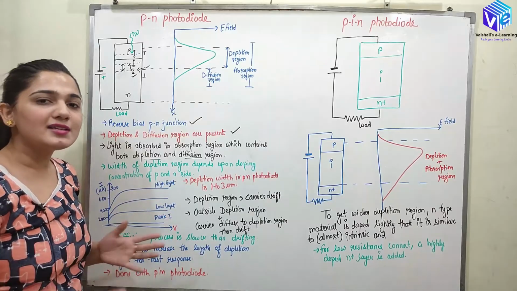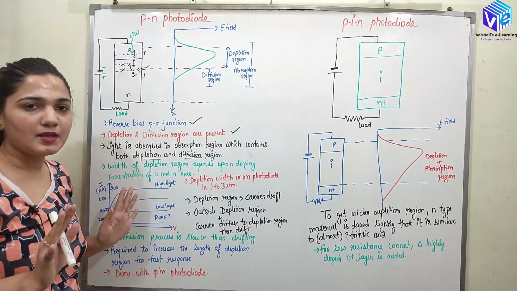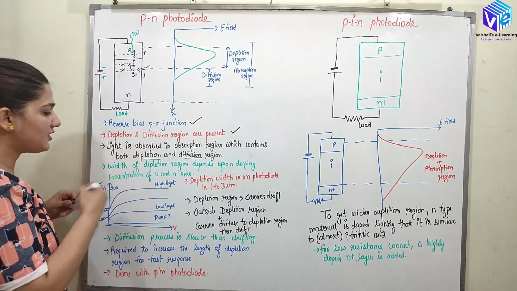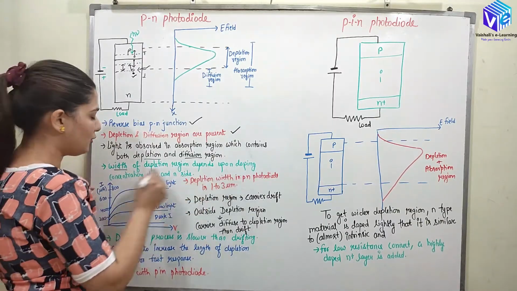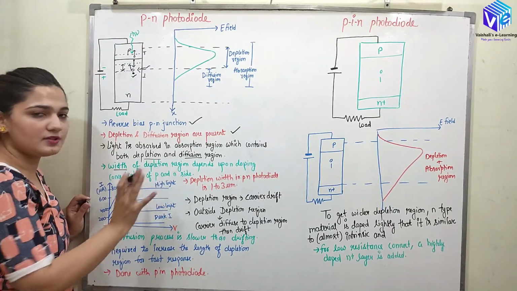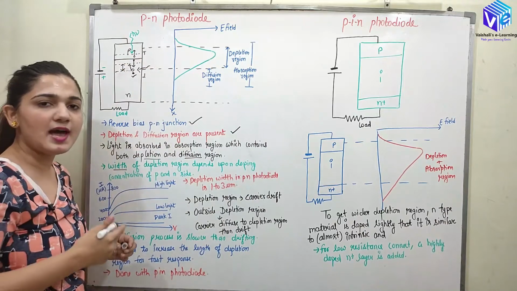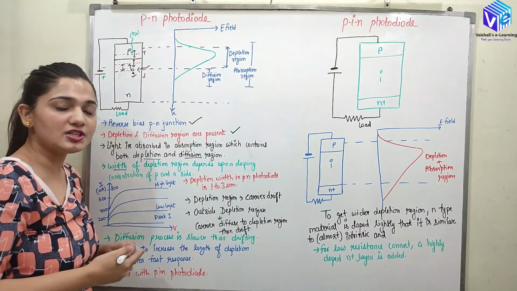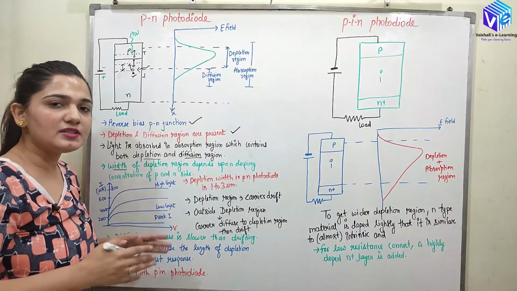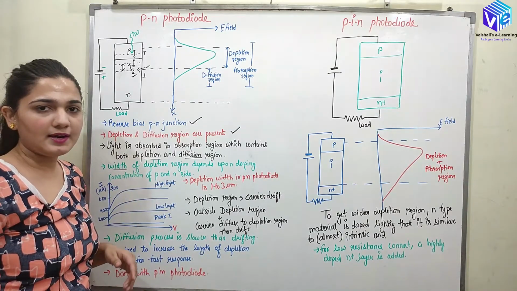So we want to increase the depth or thickness of the depletion region. Now we know the depletion region width depends upon the doping concentration of the p and n type of junction. If I have more doping concentration and if I have less doping concentration, then in both of the scenarios I will be having a different depletion region, right?